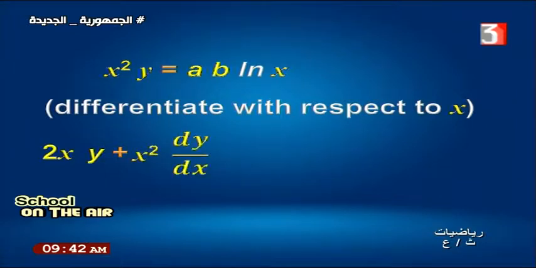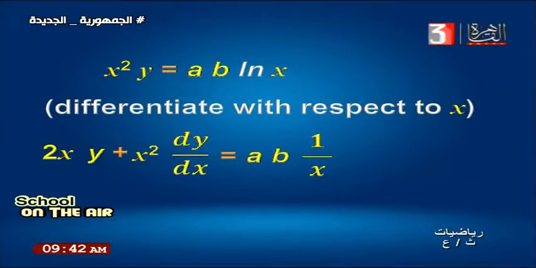Then the derivative of x power 2 y, a product of two functions, equals 2xy plus x power 2 dy/dx equals the right hand side ab ln x, where a and b are two constants. Then ab times the derivative of ln x, which equals 1 over x.